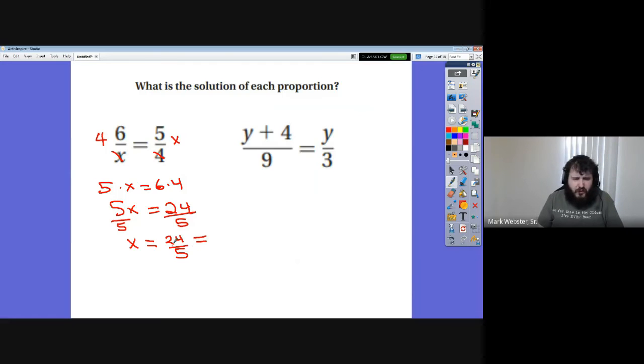So you can look at this. You say, all right, well, what's 24 divided by 5? 5 goes into 20, right? 4 times. And then 4 out of 5, that's 8, right?